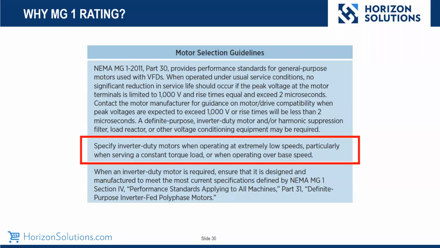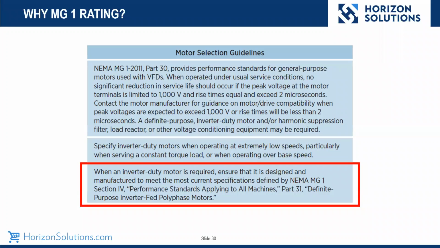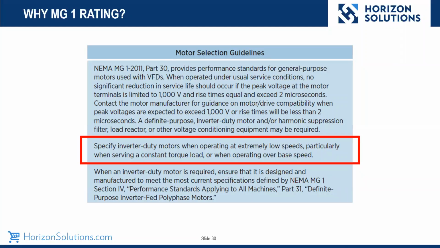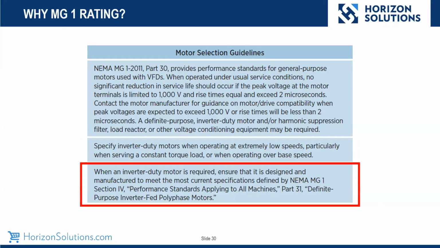Next. So when you're running at extremely low speeds and constant torque, just be careful. Make sure you're using a higher quality motor. Going over base speed also, higher quality motor. It really, really helps. All right, and then inverter duty motor, just make sure you refer to part 31, where it refers to the definite purpose inverter fed polyphase motors.